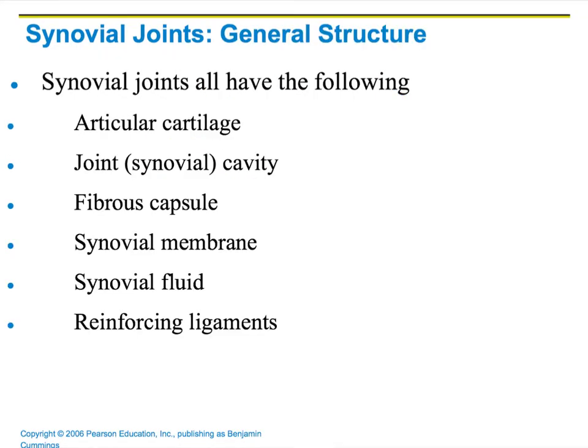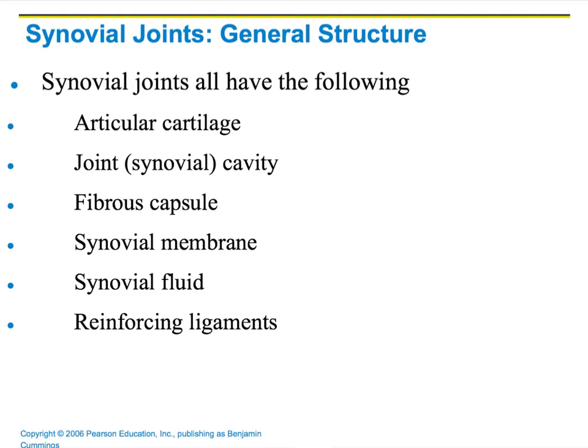This is a coloring sheet, a diagram where you should be able to label these parts and their functions. Most of these functions deal with either the fluid lubricating the space between the two bones, or with structural support, binding the two bones together, preventing them from flying off into space, for example.